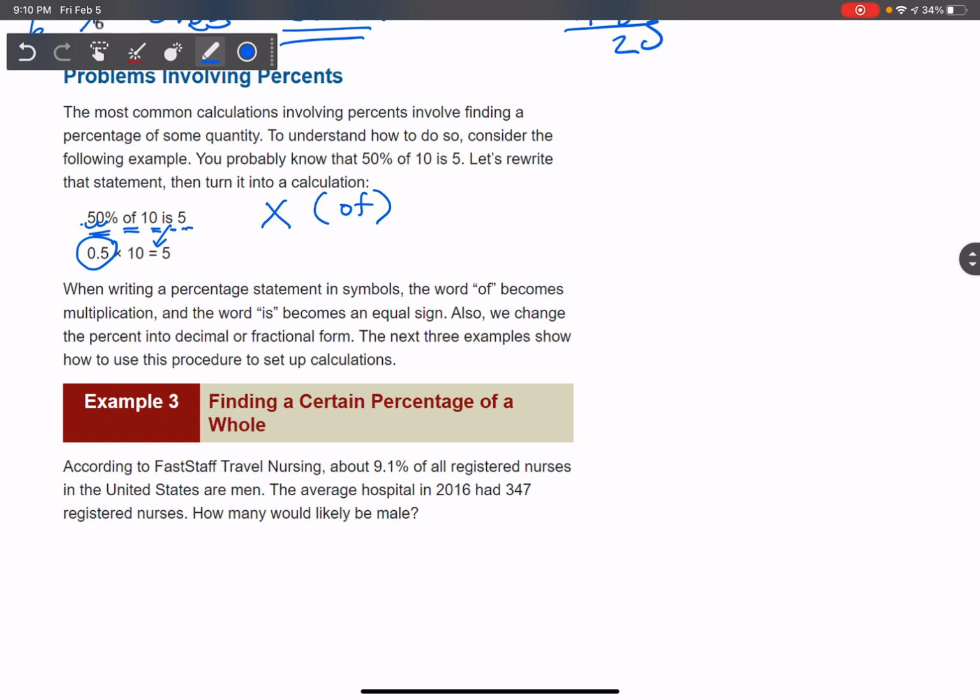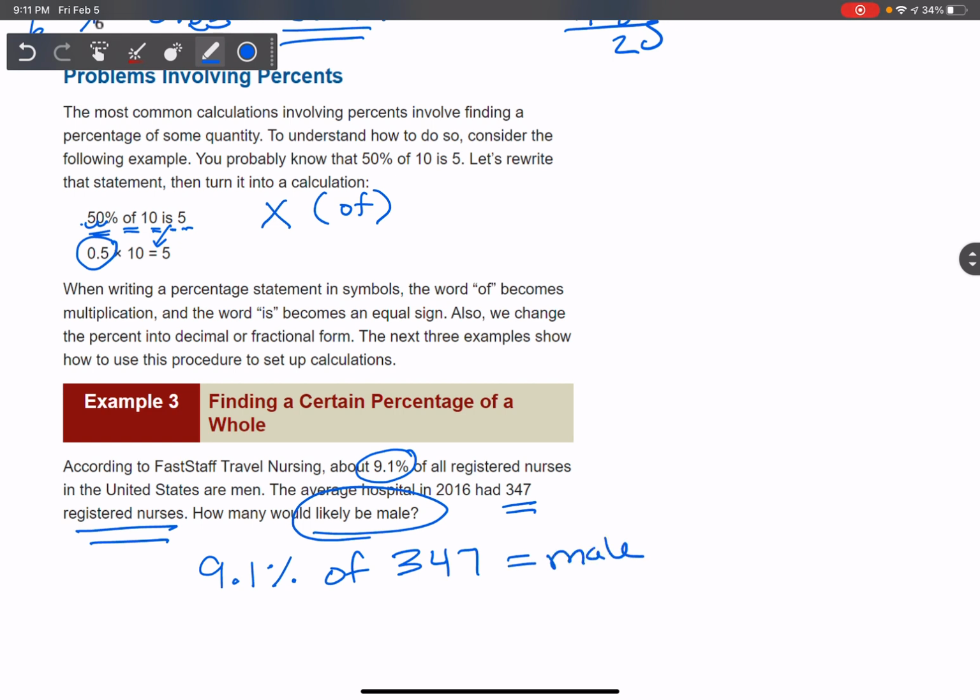According to Fast Staff Travel Nursing, about 9.1% of all registered nurses in the United States are men. The average hospital in 2016 had 347 registered nurses. How many will likely be males? Well, it's telling us that 9.1% of all registered nurses are male, and we have 347 registered nurses.